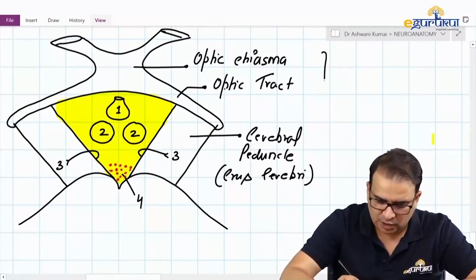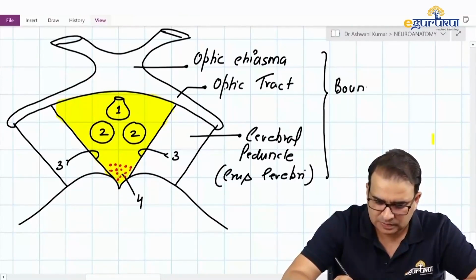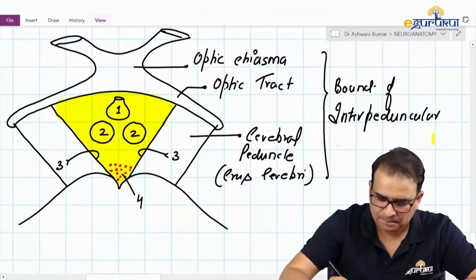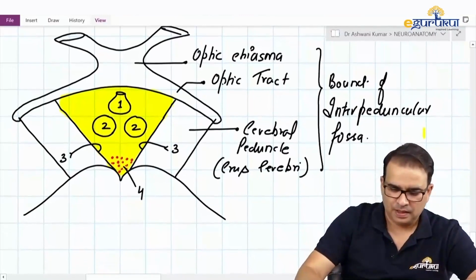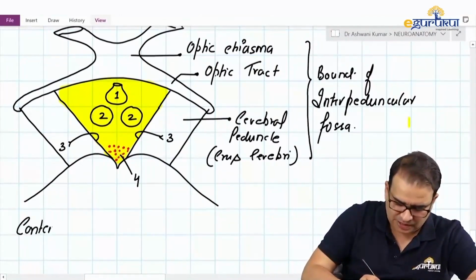So optic chiasma, optic tract and cerebral peduncle, these are the boundaries of interpeduncular fossa. Whereas contents, I've marked the contents with numbers.